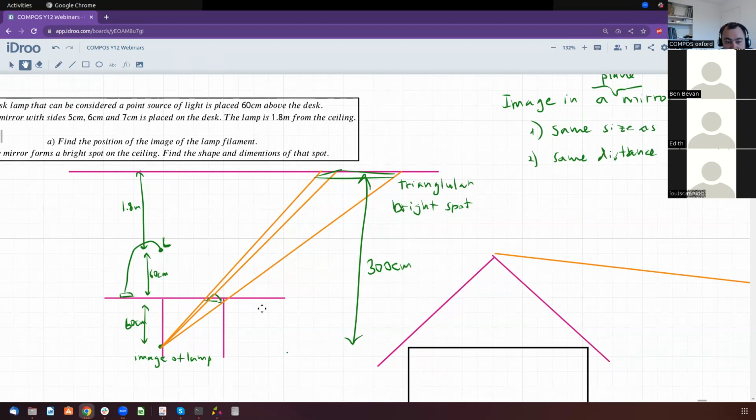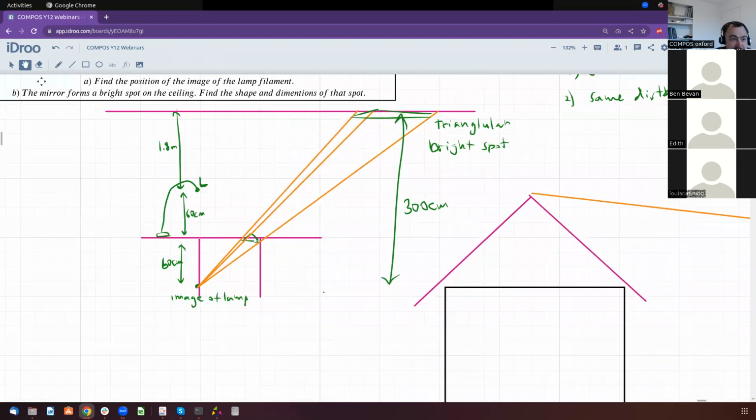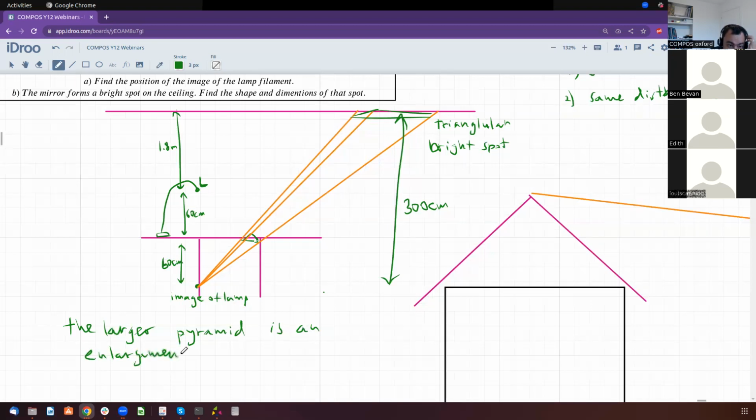So the large triangular pyramid is an enlargement by scale factor of 5 of the smaller one.